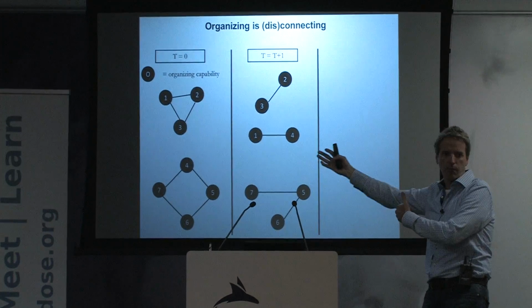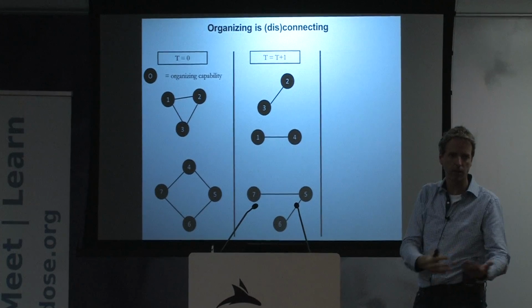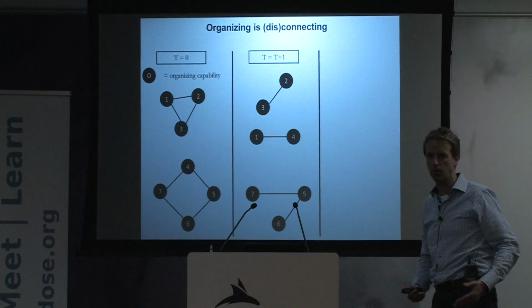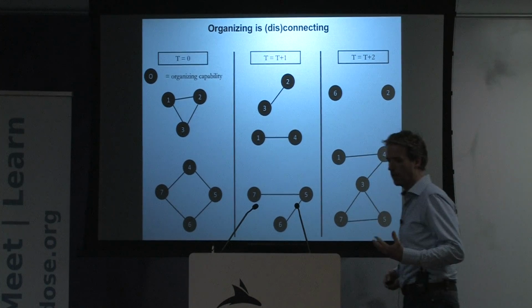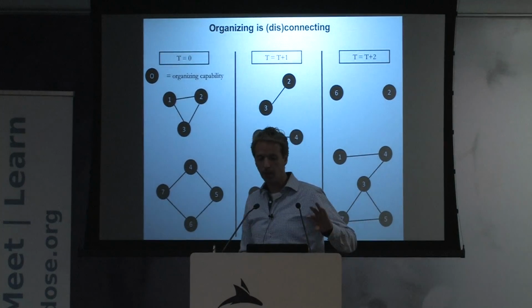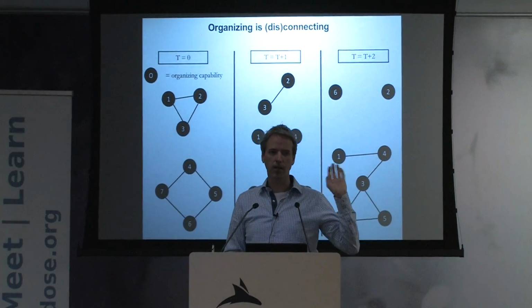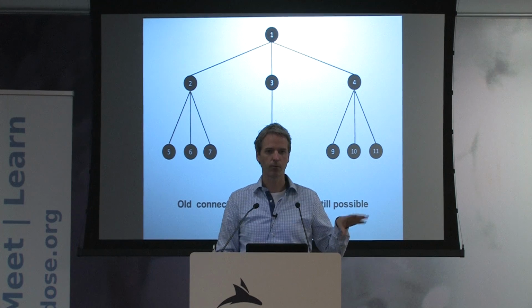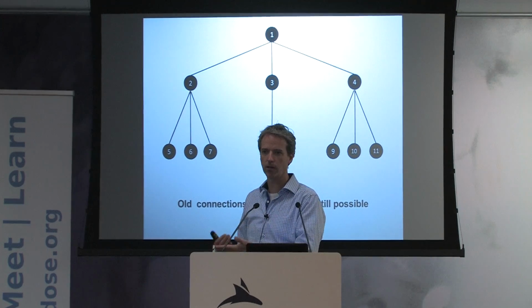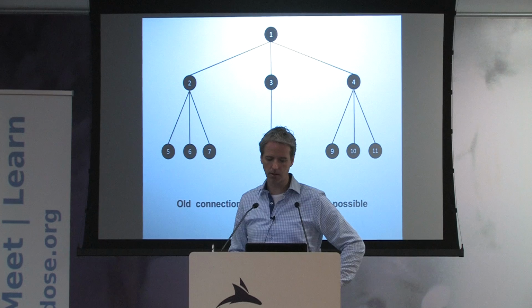You could see that as a kind of project. Today we are working on project X, and in one week you are working on project Y, and that with different people. So organizing is connecting and disconnecting. And with this thinking, we can still organize old companies. From the smallest building stone, you can still organize these companies.